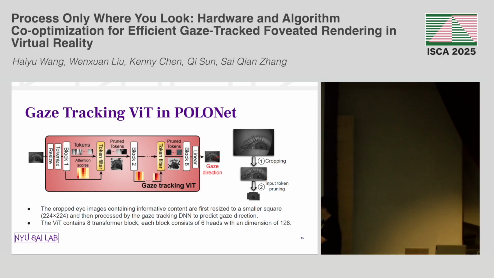The motivation comes from the fact that even though we have this cropped version of the input image, there are still some image patches which are actually irrelevant to the human gaze location. So one of the advantages of the vision transformer for gaze tracking is that you can do this fine-grained pruning by removing the smaller input image patches which are irrelevant to the final result. So by doing this additional level of pruning, we can further accelerate the gaze tracking neural network.